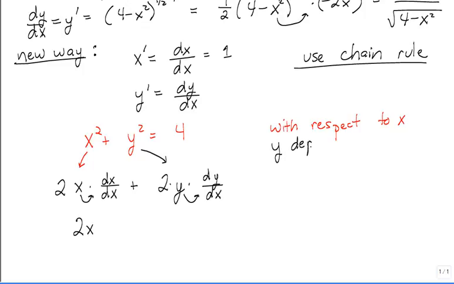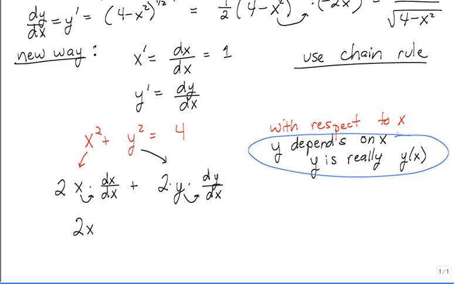So you have to keep in mind in these problems that y depends on x. Y is really y of x, and that's the most important thing you can remember when you're dealing with this section. When you see a y, it's really y of x.